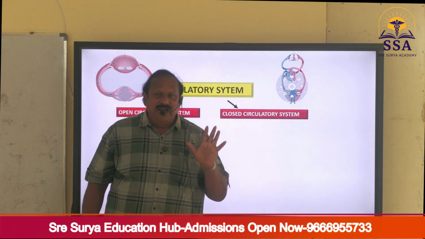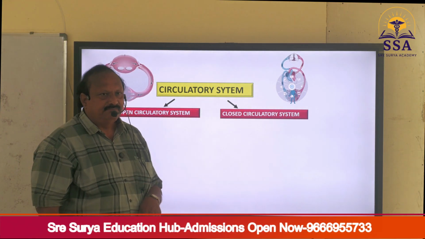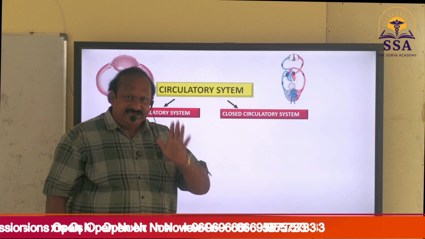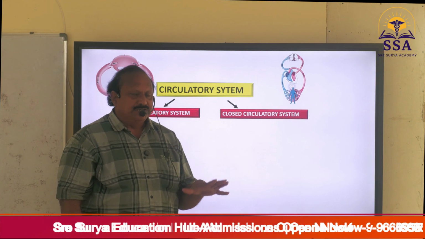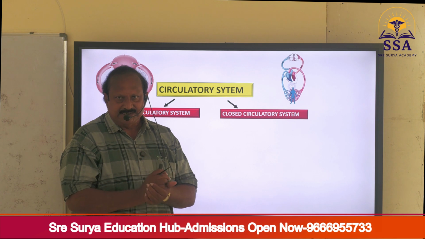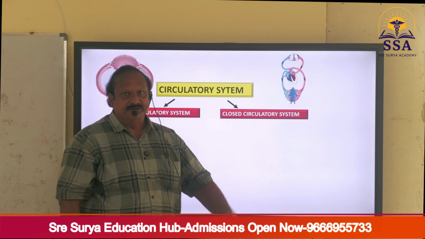Therefore, the blood flows through blood vessels. A single drop of blood never comes out of the blood vessel unless it is cut or injured. So closed means blood flows through closed vessels. Hence this is called the closed circulatory system.